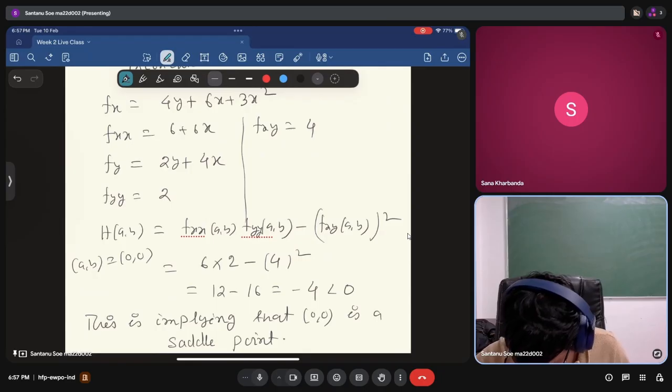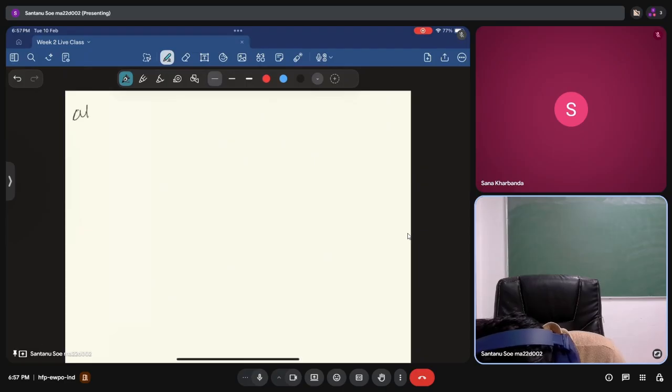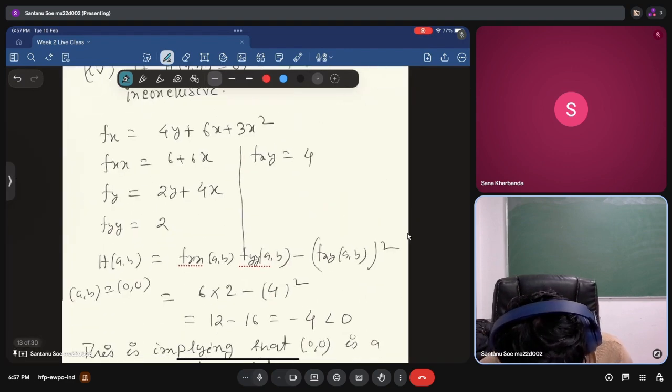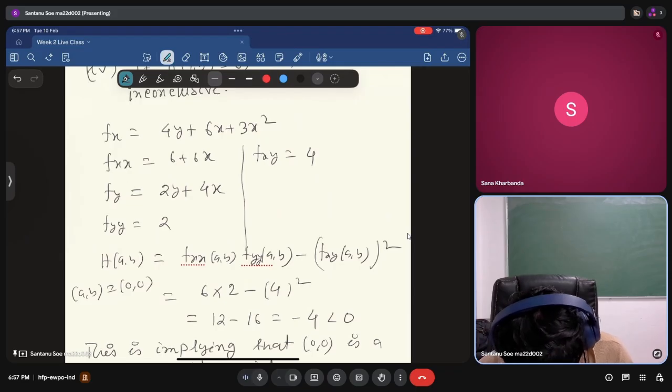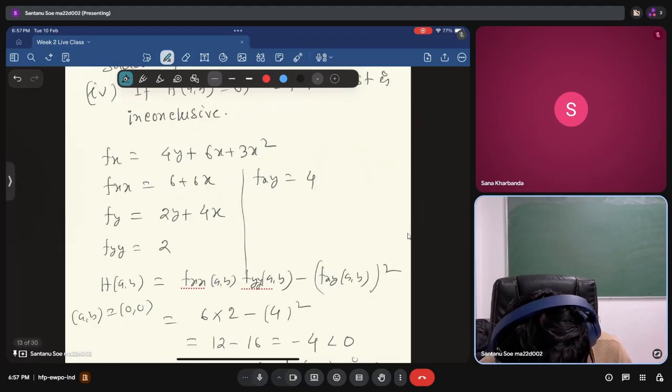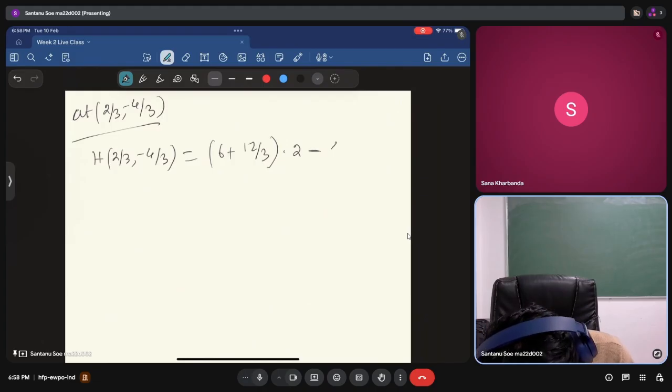Okay. So our next point was (2/3, -4/3). So at this point, H of (2/3, -4/3) is going to be fxx, which is 6 plus 6x, times fyy, which is 2, minus fxy squared, which is 4 squared.